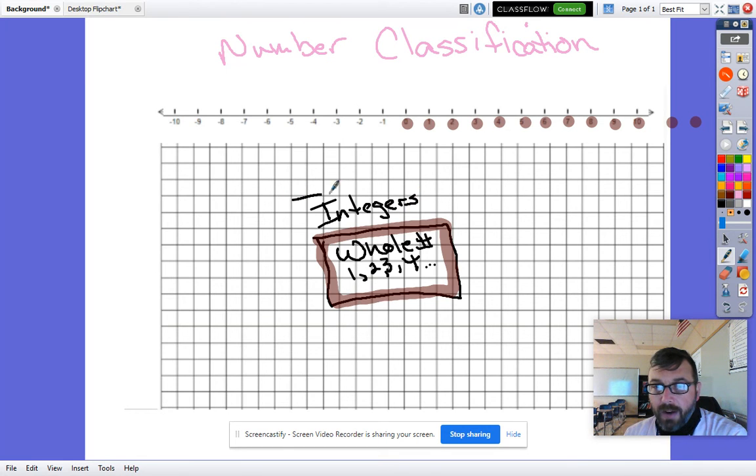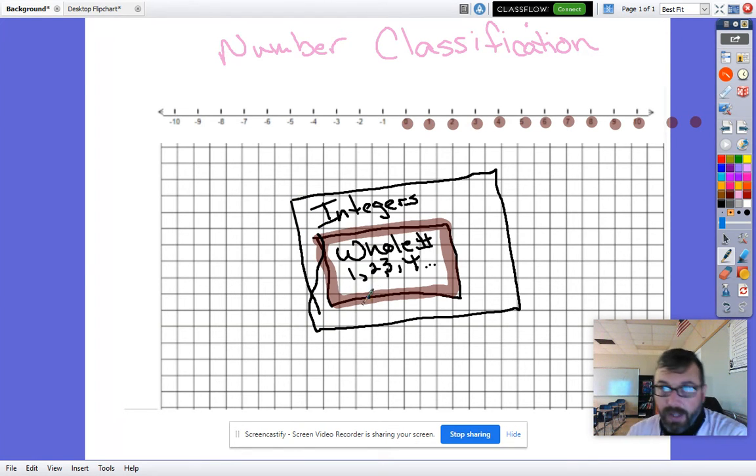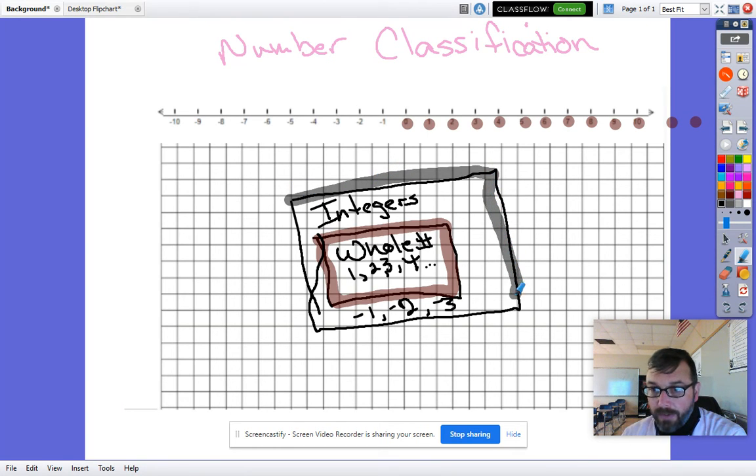The next family of numbers are going to be our integers. And this box is going to go around the whole numbers. And it's going to include our negative numbers, -1, -2, -3. I'm feeling blue for this, so we'll put a blue box. I guess we're putting a gray box around integers.